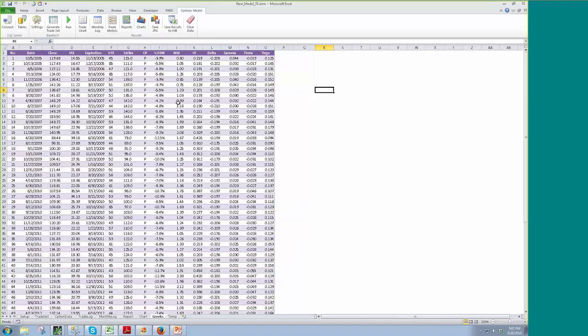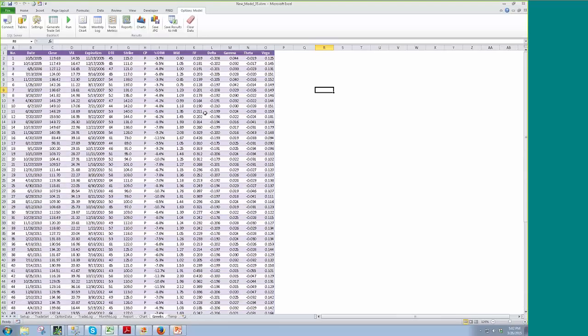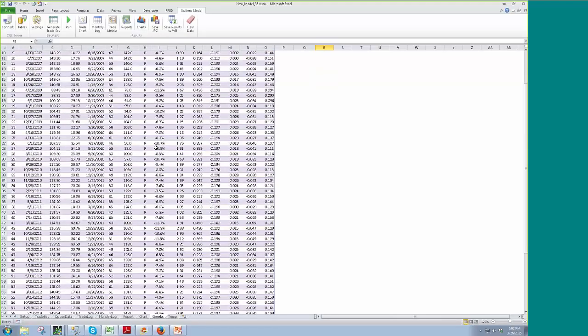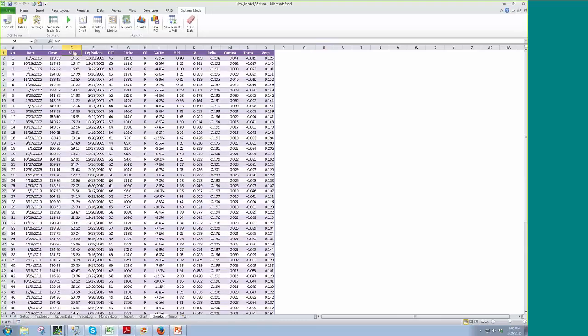This is just a table of the starting Greeks for every trade, and it's kind of interesting. When people download the workbooks, they can actually play around and chart some of these things. For example, let's do a quick chart here.